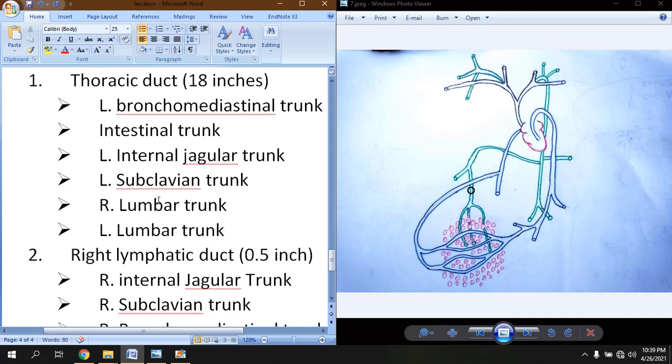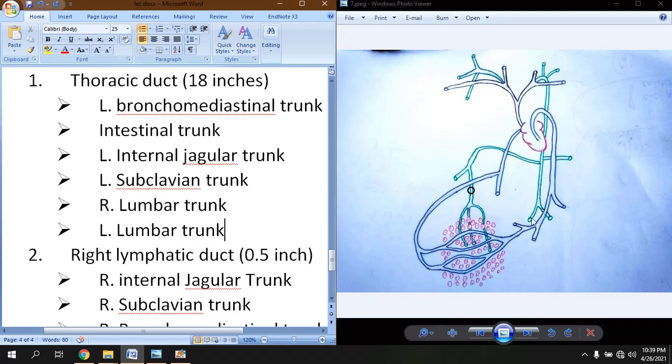So you are now quite clear about this whole diagram, that the thoracic duct has 6 main branches. The first branch is the left internal jugular trunk, the left subclavian trunk, the left bronchomediastinal trunk, the intestinal trunk.